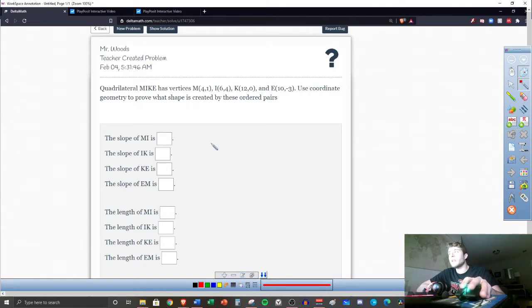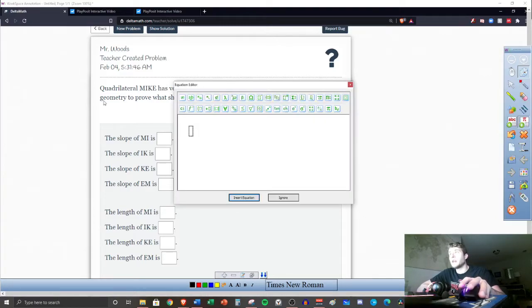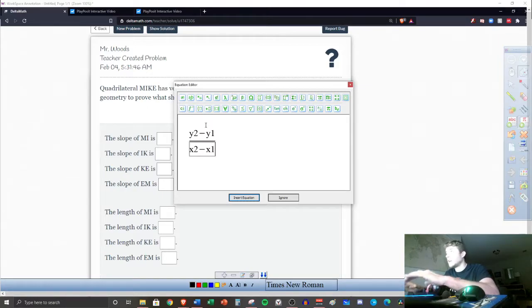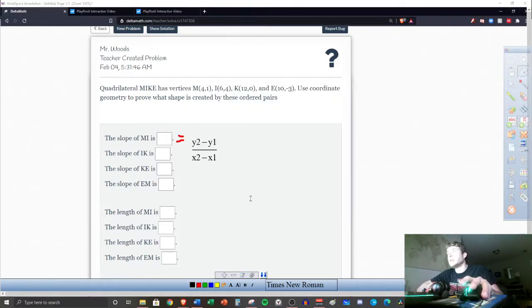To find the slopes, I'm going to insert an equation here. We have y2 minus y1 over x2 minus x1. I don't feel like doing the subscript. We can use this equation to help us out.